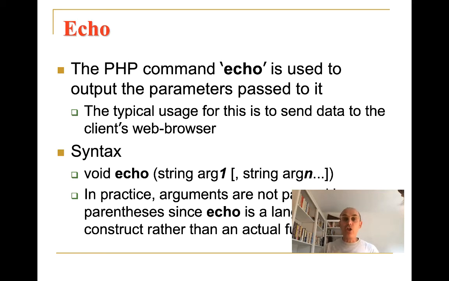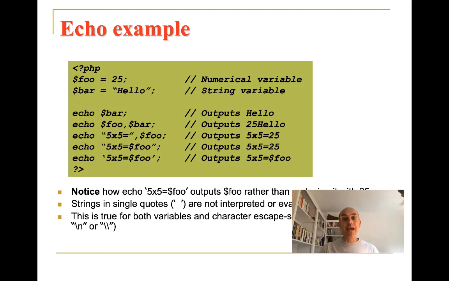So the syntax of echo is a string argument, and in practice, arguments are not passed in parentheses. Since echo is a language construct, it is not an actual function. So in this case, I can apply the echo, and notice in this script that echo 5 multiplied by 5 equals $foo outputs the $foo rather than replacing it with 25.